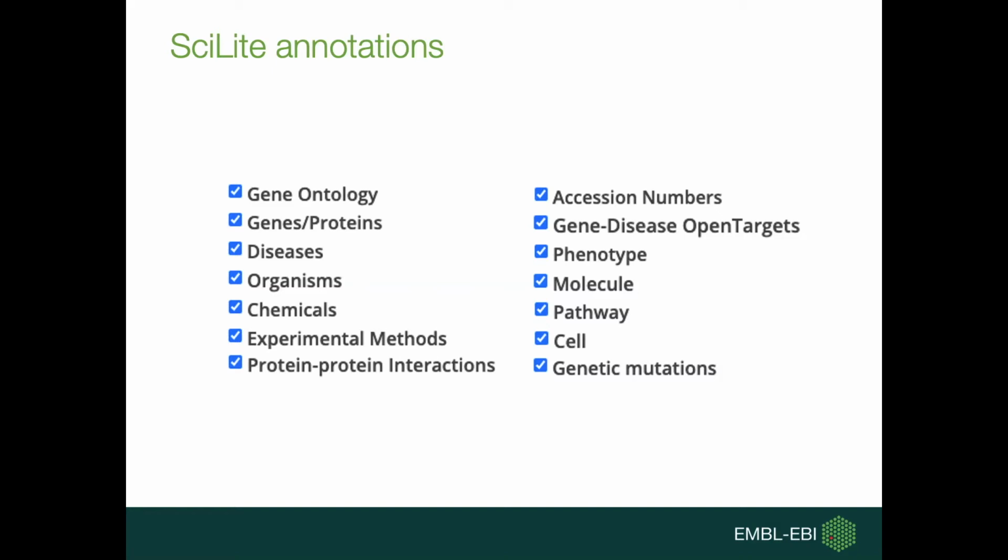Some of those are developed by the Europe PMC team, and others are submitted by other collaborators. For example, gene disease relationships are contributed by two groups, Open Targets and DisGeNET, and unlike other annotations, protein-protein interactions are manually created and are provided by IntAct.